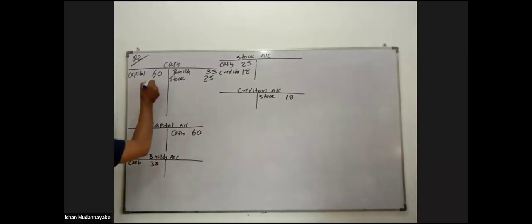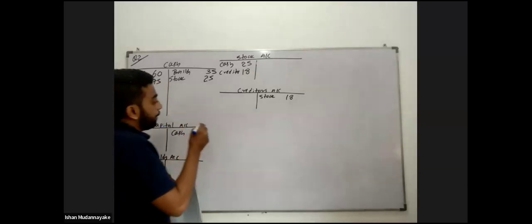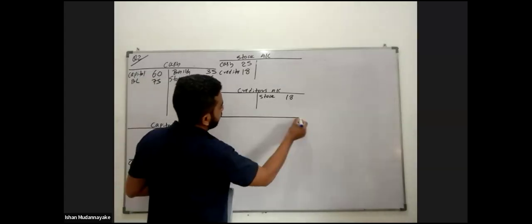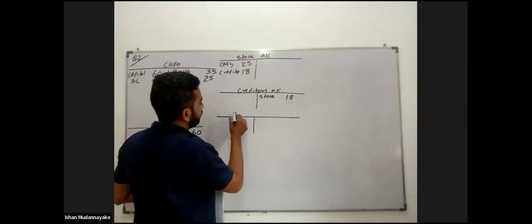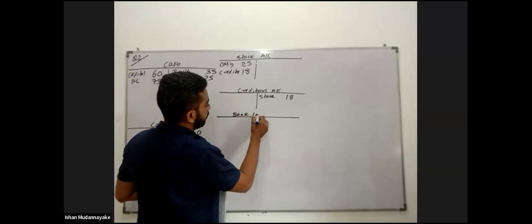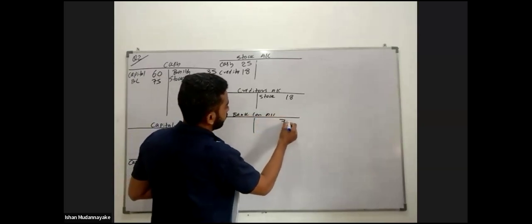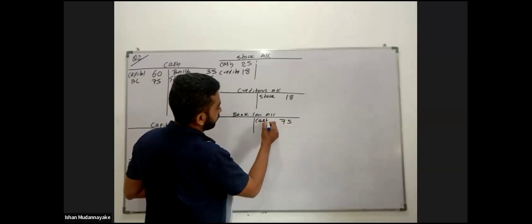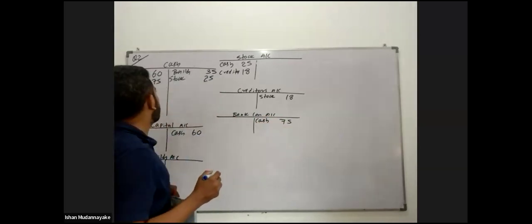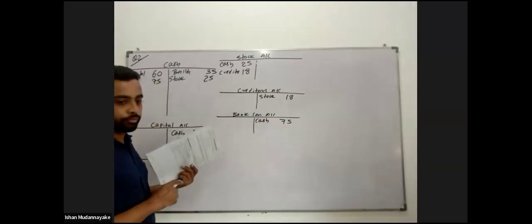Receiving cash inflow, therefore cash book debit 75,000, bank loan account credit 75,000. Recording bank loan.